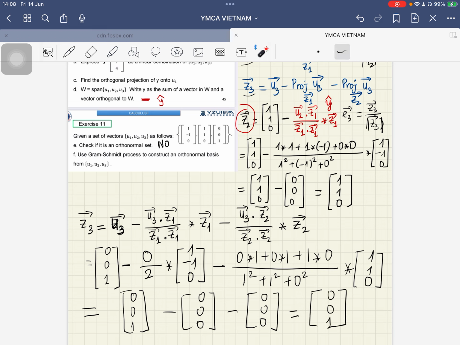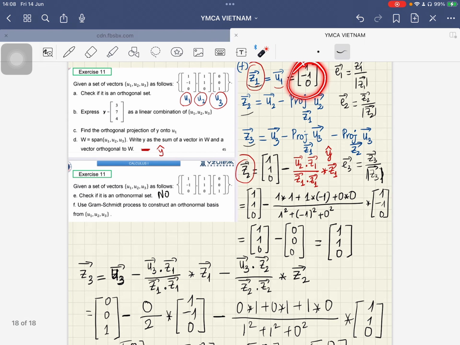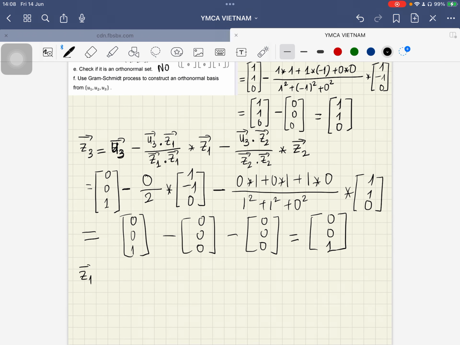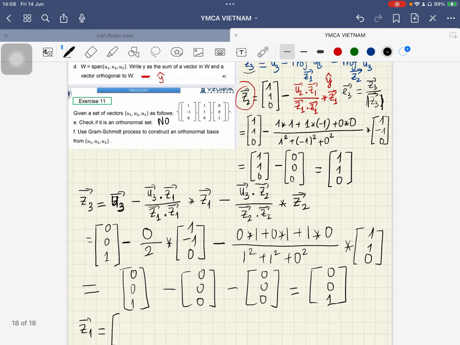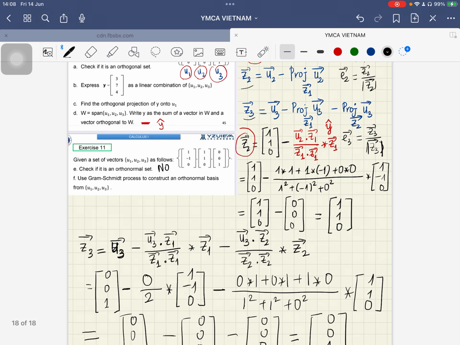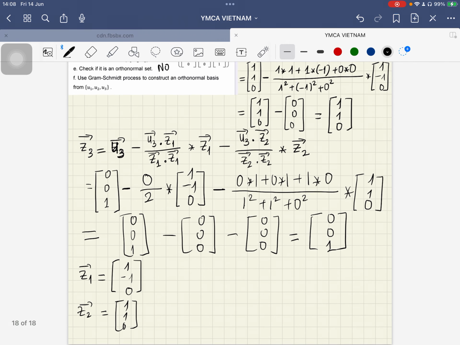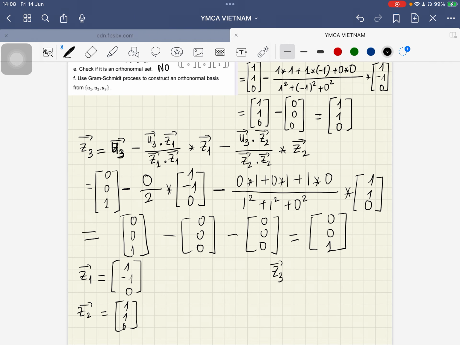So we can find Z1, Z2, and Z3. So let me write it here again. Z1 is equal to 1, -1, 0. Z2 is equal to 1, 1, 0. And Z3 is equal to 0, 0, 1. Okay.